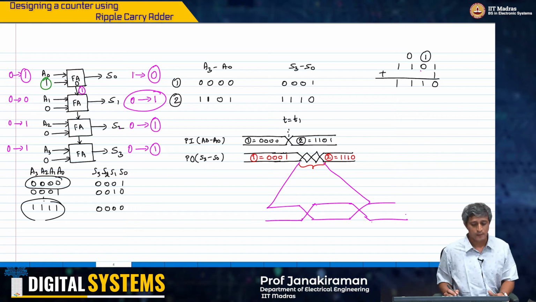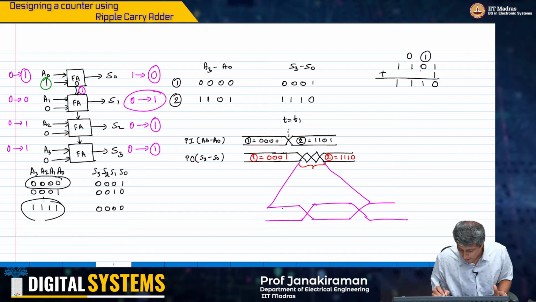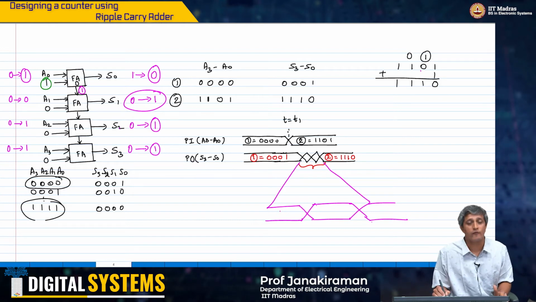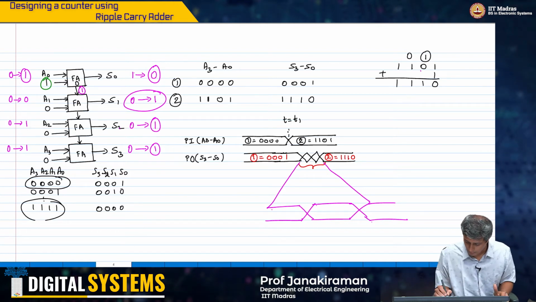What is the transition? After one full adder delay, it would have already become what? The 1 would have become 0, so it would have become 1 1 0 1.